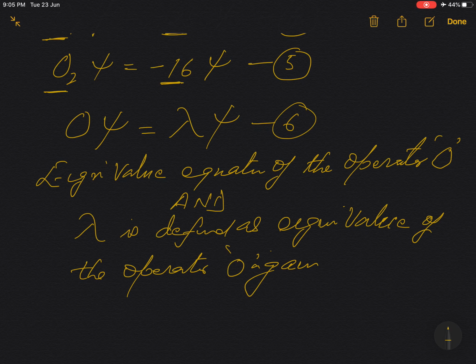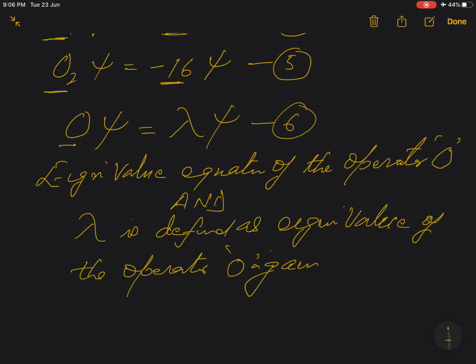Here exactly the concept to be understood is whenever you have an operator such that after operation it gives you lambda into psi, then this is known as the eigenvalue equation and has got its own quantum mechanical significance.